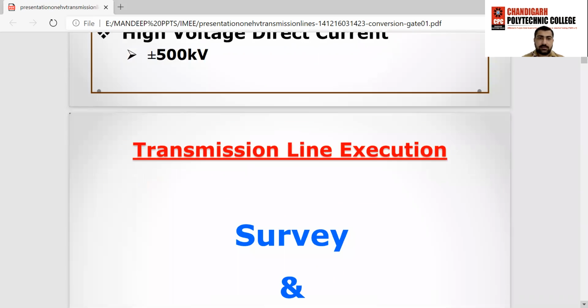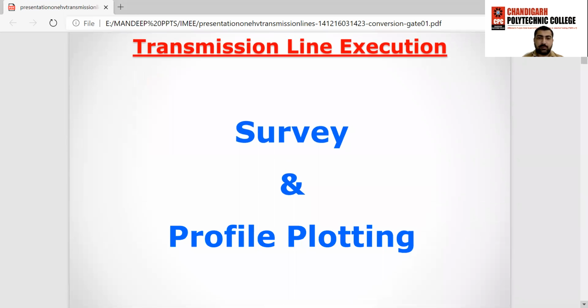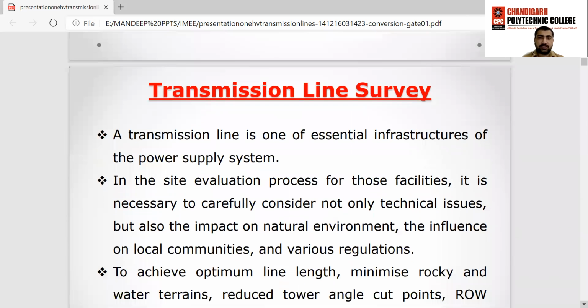Let us start the transmission line execution. Survey and profile plotting. Transmission line survey. A transmission line is one of the essential infrastructures of the power supply system. In the site evaluation process for those facilities, it is necessary to carefully consider not only technical issues but also the impact on the natural environment, the influence on local communities and various regulations.